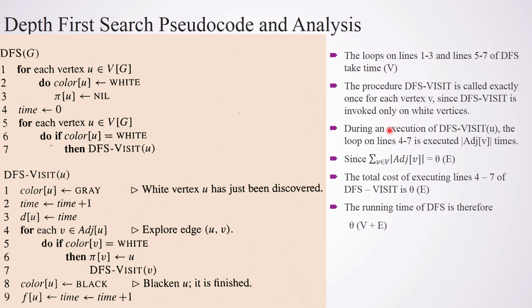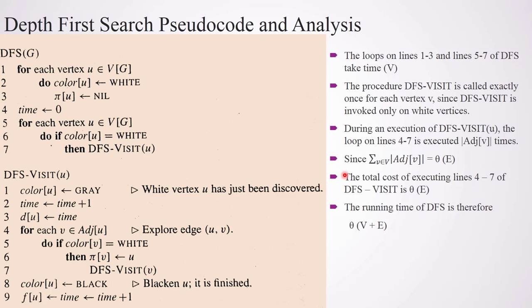During an execution of DFS visit of u, the loop on lines 4 to 7 is executed the number of adjacent vertices times. So when we are visiting a particular vertex, we are also visiting its adjacent vertices. That's the meaning of this statement. As we already discussed in the representation of graphs, the total length of the adjacency lists is equal to the number of edges.